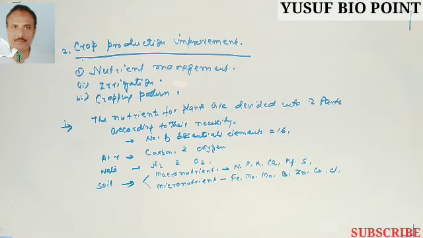And sometimes the soil where the plant is seated does not contain all these essential elements. So it is the duty of man to give these essential elements to the plants for good development, and for that we use manure or fertilizers.